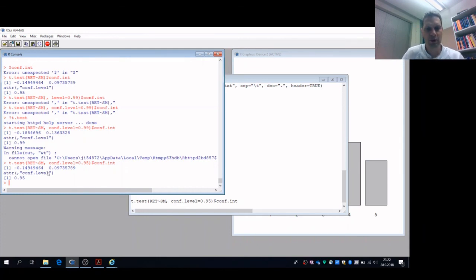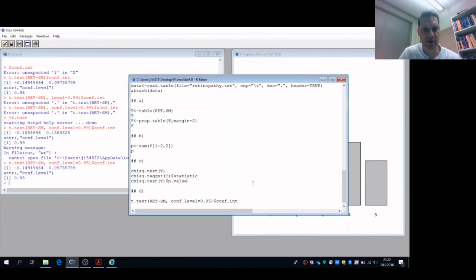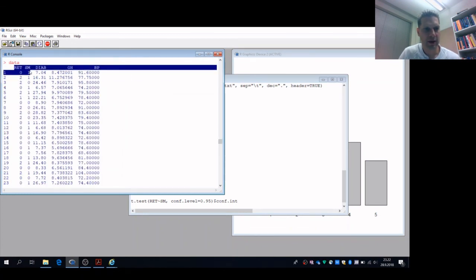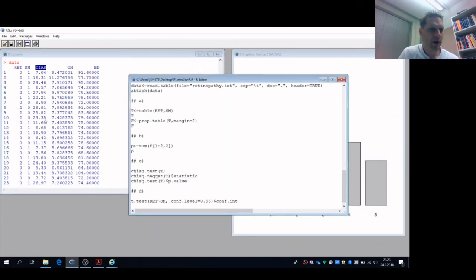One thing which we haven't really used so far: if you look at the data set, and for some reason you want to do the cross-tabulation between, for example, retinopathy and diabetes, meaning how long it has been since you were diagnosed with diabetes, since this is a numerical variable, it is impossible to create a crosstab.